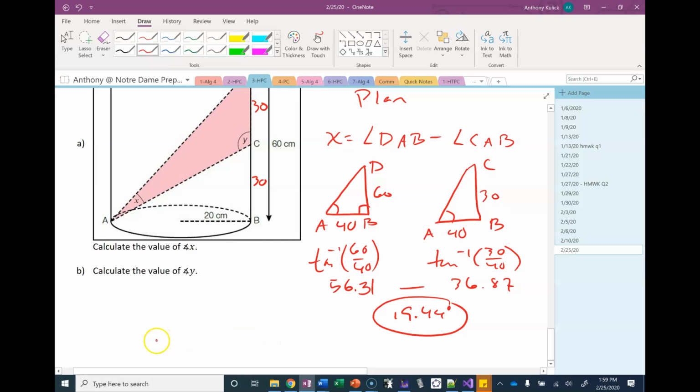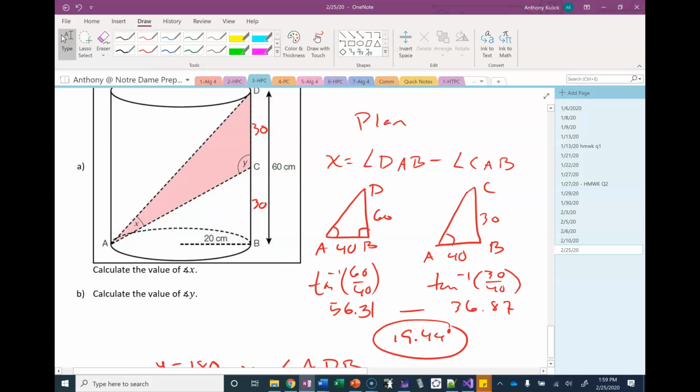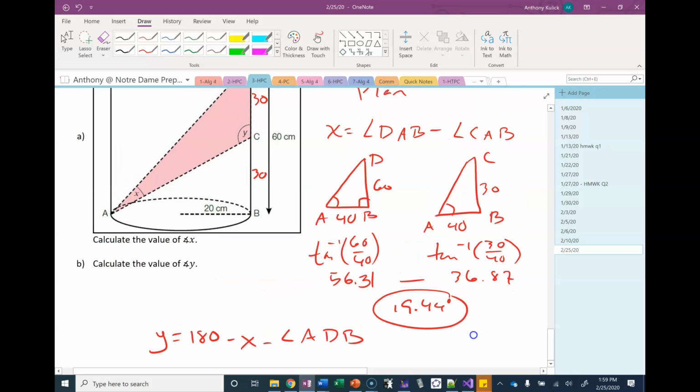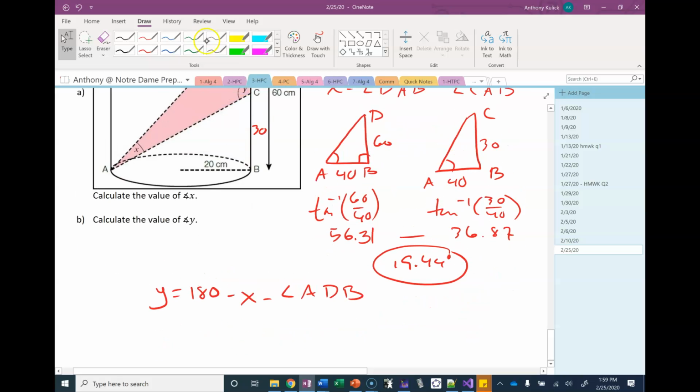Now my plan for Y is going to be 180 minus X minus angle ADB. Okay with that? That's just using the triangle angle sum. You use angle C and then just subtract it from 180. Yep, you could do that also. Not really decidedly different than what we're doing right here. But that'll work because the angle ADB is just this one right here.